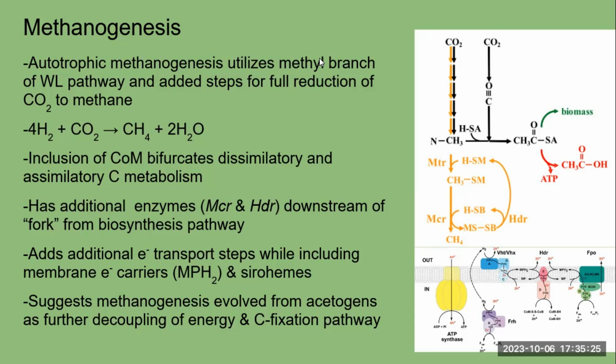Furthermore, methanogens possess electron carriers in the membrane, such as MPH2, which deliver electrons to heterodisulfide reductase, and porphyrins with an iron atom in the center, known as sterohemes, to facilitate the flow of electrons. In the Stem of Life series, we talked about how acetogens came about as a coming together of the carbon assimilation and energy metabolism, but methanogenesis can be seen as the initial decoupling of the two.